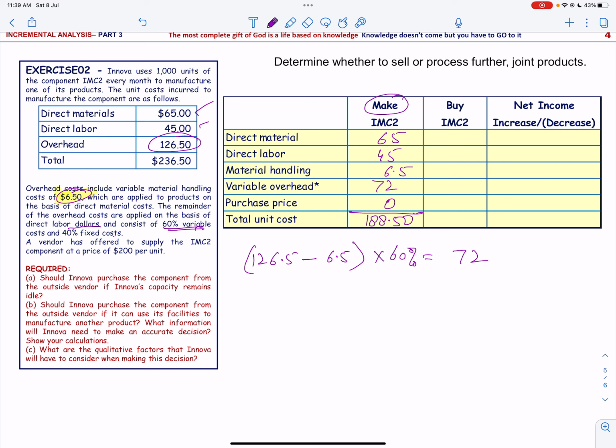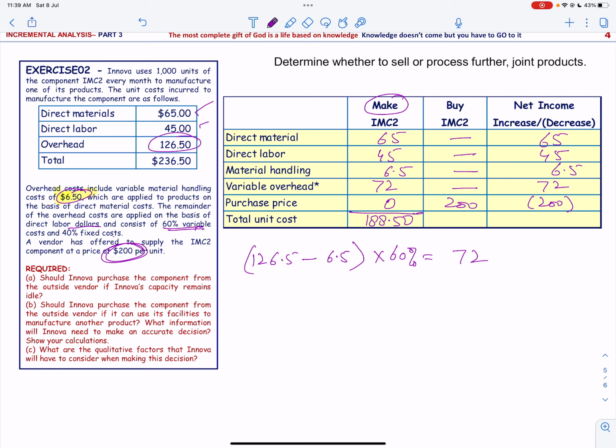If we buy, there will be no material cost, there will be no direct labor, then there will be no material handling, there will be no variable overhead, but the purchase price is there of 200, so this will decrease our net income by 200. If we buy, obviously there will be increase because there will be no direct material, no direct labor, no material handling, and no variable overhead.